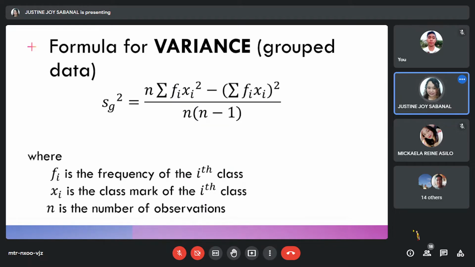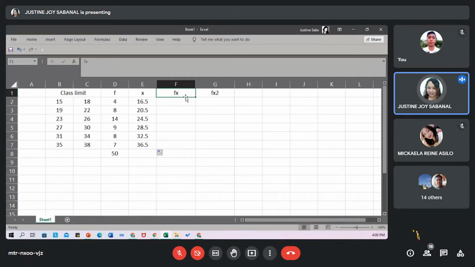Yung susunod na po na value natin, kung babalikan nyo yung ating formula for the variance, ang kailangan lang naman natin ay product ng frequency at class mark at saka product ng frequency at square ng class mark. Kaya po, yung nasa Excel, yung fx tsaka fx squared.